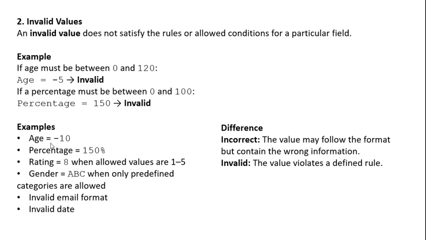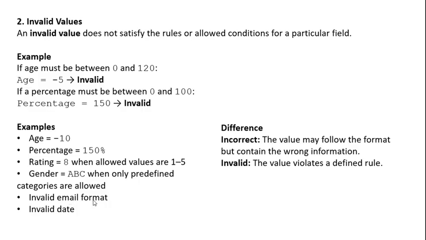For example, an age of -10 or a percentage of 150% is invalid. If the rating allows values from 1 to 5 and the rating is 8, it is invalid. If the gender is given as ABC, it is invalid, because only predefined categories are allowed.